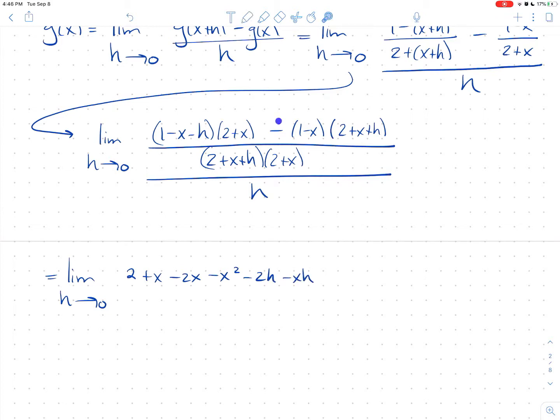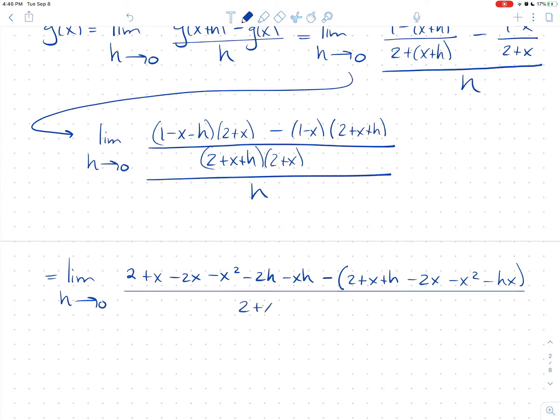Now, you could try to push the negative through as we FOIL. I'm going to leave it in a parenthesis and then FOIL this out. So I'm going to get 2 plus x plus h, then I'm going to get minus 2x minus x squared minus hx. And all this over 2 plus x plus h times 2 plus x, all this over h.